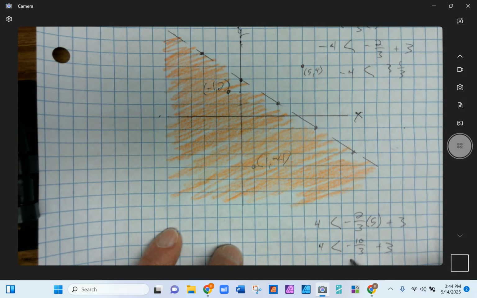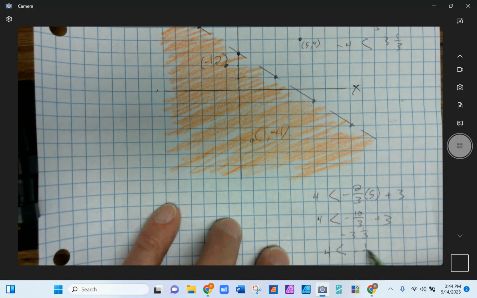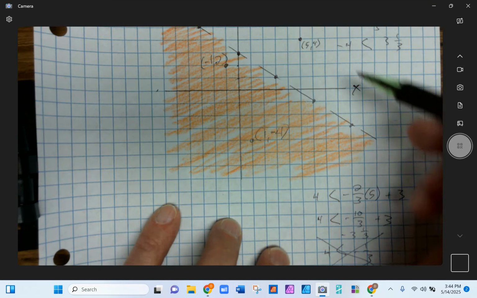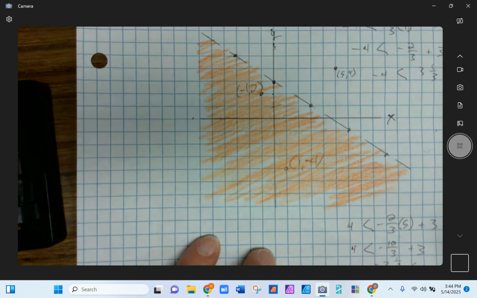We can think of this as -3 1/3, so -3 1/3 plus 3 gives us -1/3. So it's saying that 4 is less than -1/3, which is not true. So that's why this is not a solution.